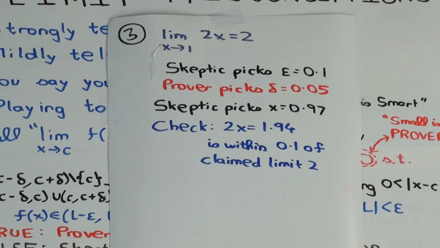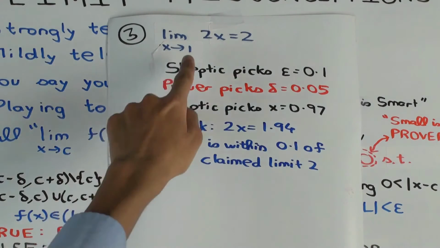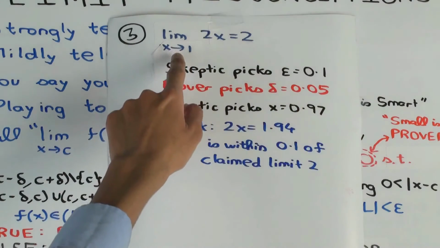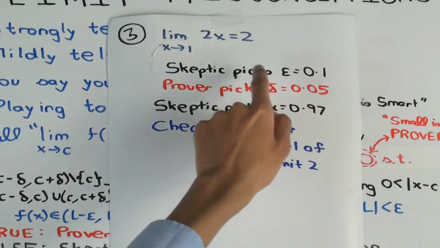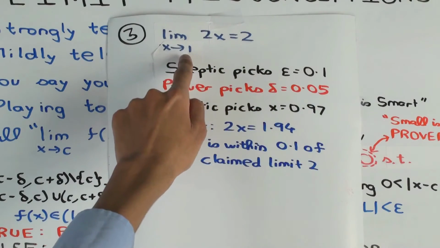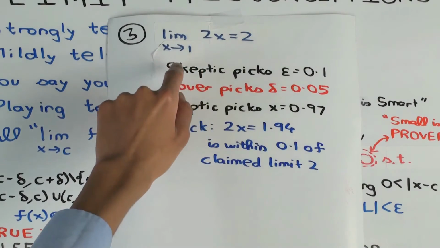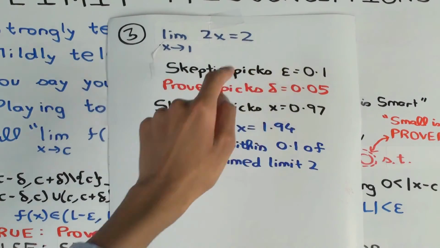The prover picks delta as 0.05, which means the prover is now getting the input value trapped between 0.95 and 1.05. That's 1 plus minus this thing. And now the prover is claiming that if the x value is within this much distance of 1, except the value equal to 1, then the function value is within 0.1 distance of 2.